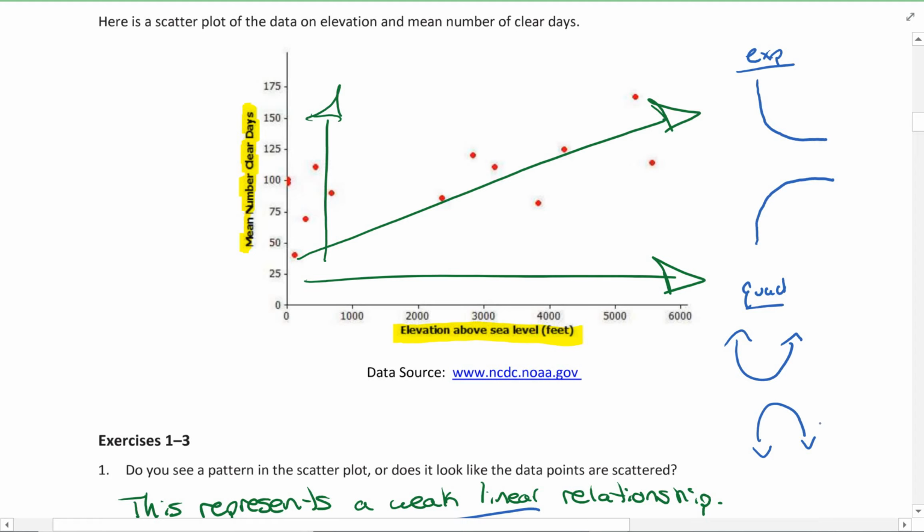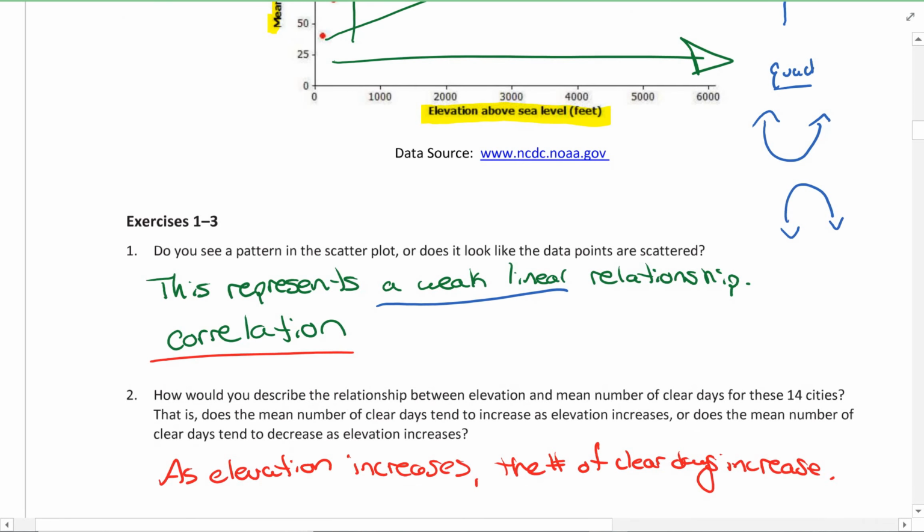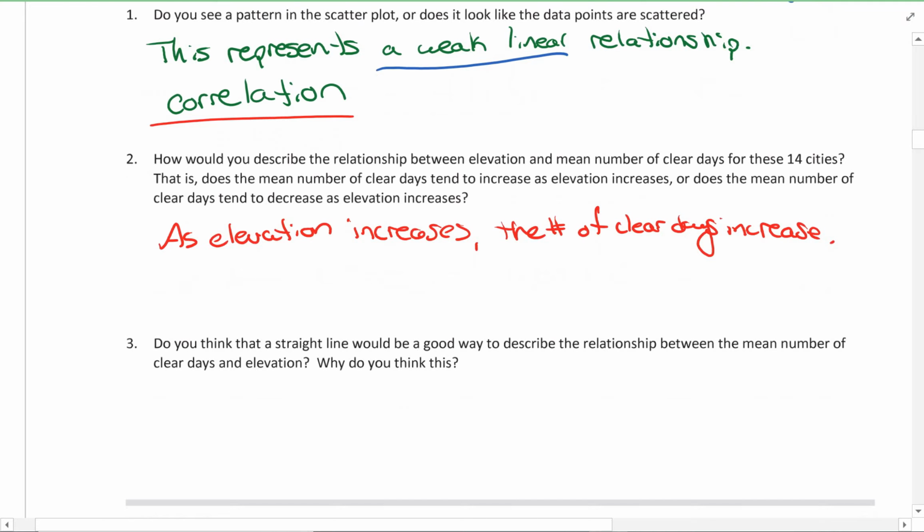Those two graphs do not fit our data here. So clearly this has to be linear. And although it's not strong, a straight line does describe this relationship.